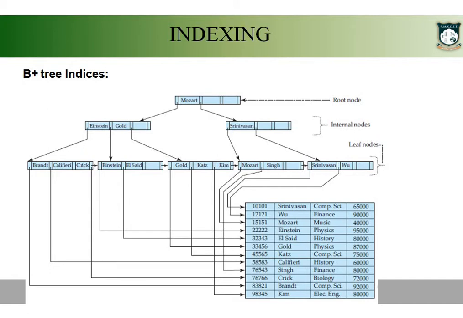The reason it is called multi-way is that a non-leaf node may have more than 2 children. Based on the value the non-leaf node has, you can go to the first child, second child, third child or fourth child. Since you have multiple paths, it is referred to as a multi-way search tree.